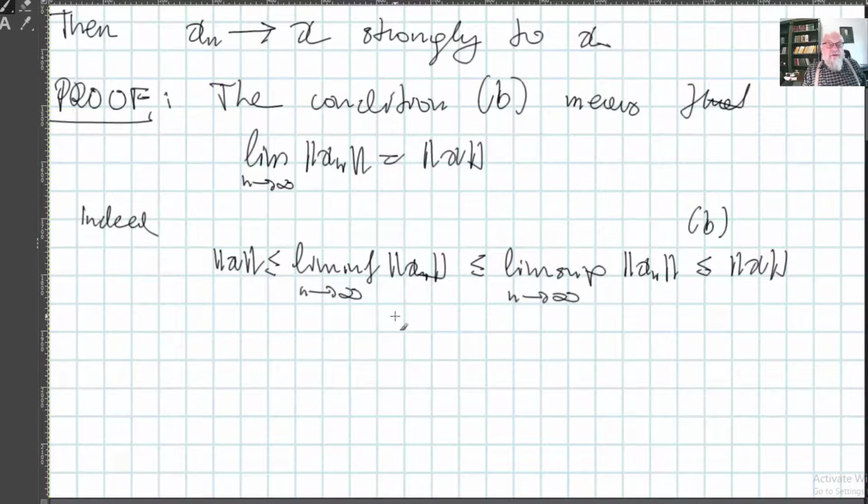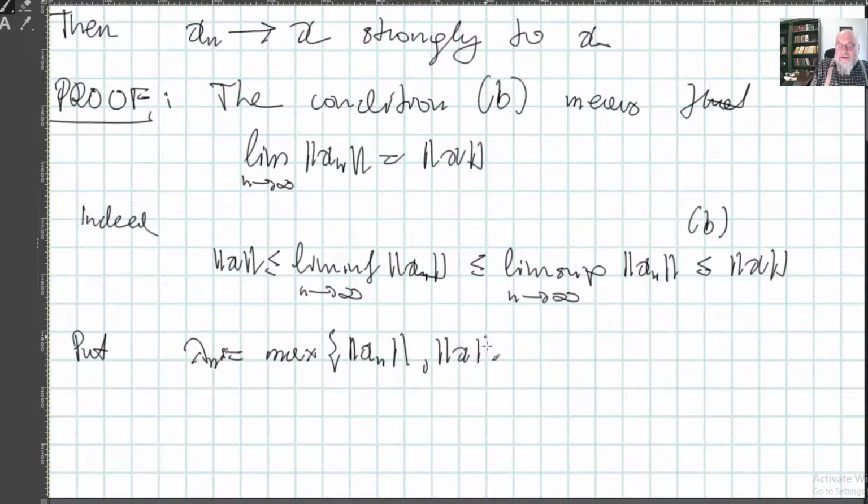So now, once we have it, we do the following. We define a couple of numbers. First of all, I define the number lambda n, which will be the maximal value of the norm of xn and the norm of x, where the norm of x is the limit of the norms of xn. One thing I can say: we can assume that this one is larger than 0, otherwise there is nothing to prove.